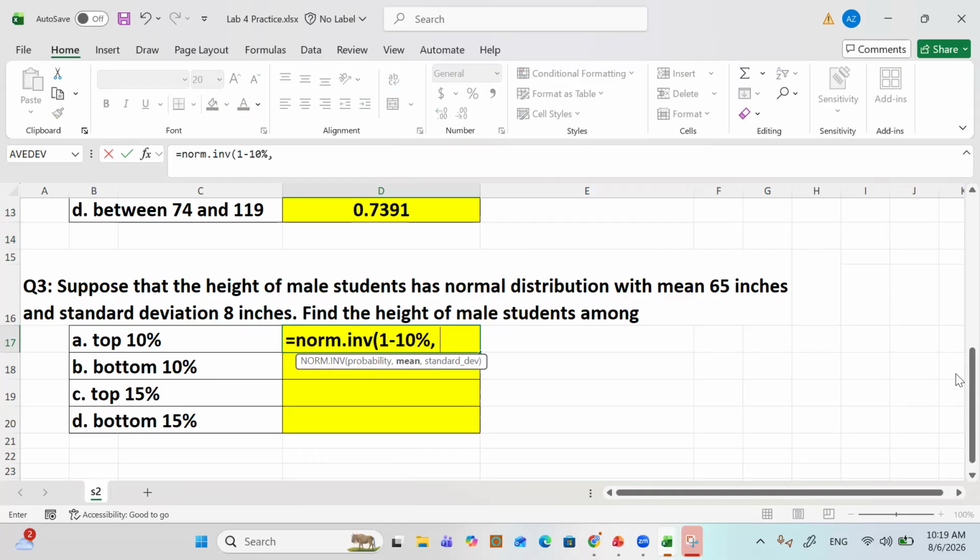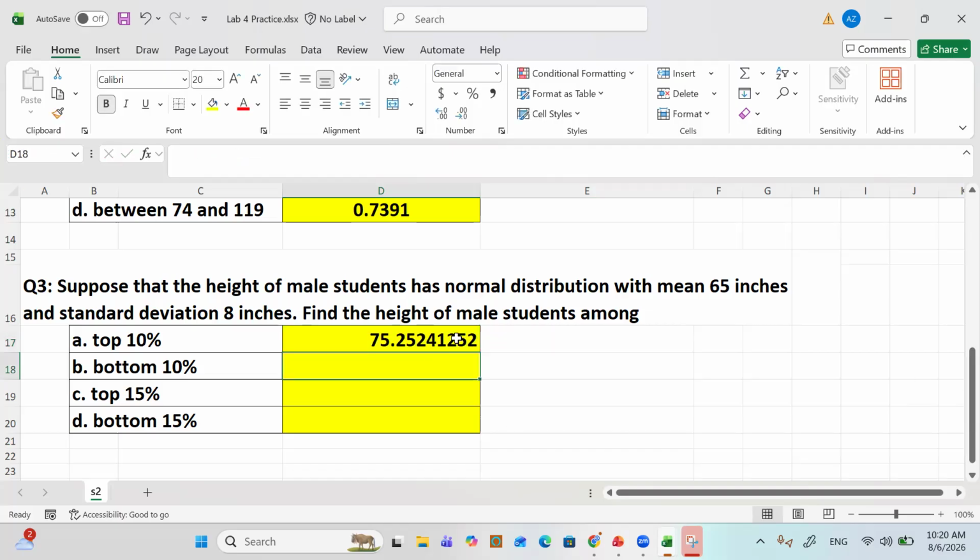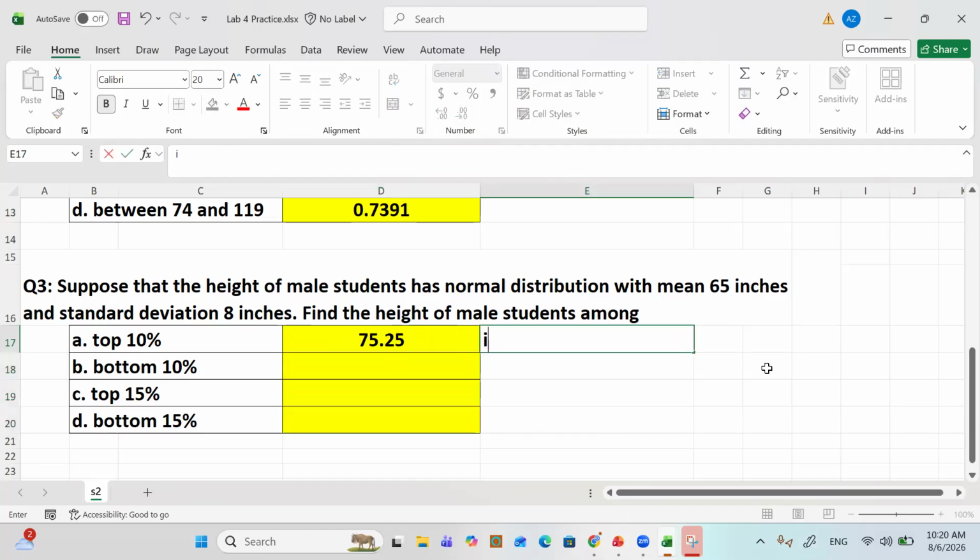And then the mean is 65, standard deviation 8, and then close parentheses. Once we do that, we get a result. If you hit enter, it's about 75.25. I'll just format this to 2 decimal places, 75.25 inches.